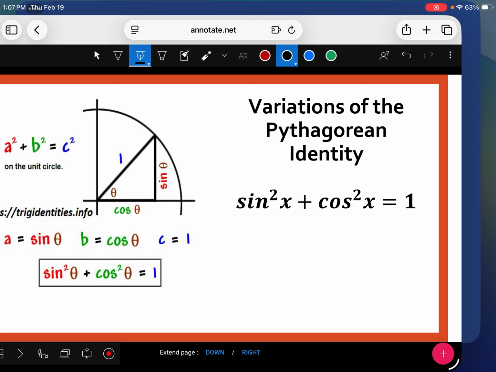You don't have to write this down yet, okay? But this is what I want you to write down. I want you to write down variations of the Pythagorean identity.